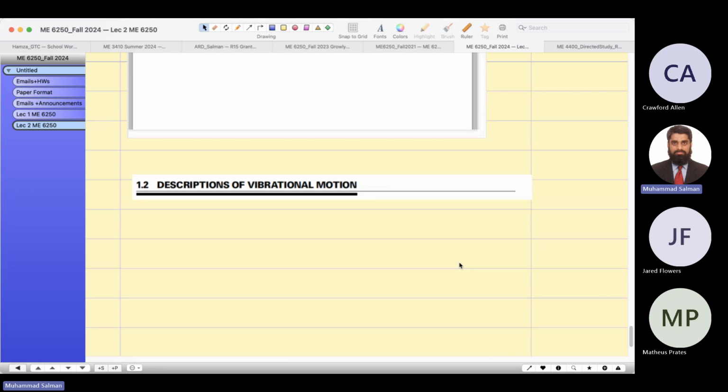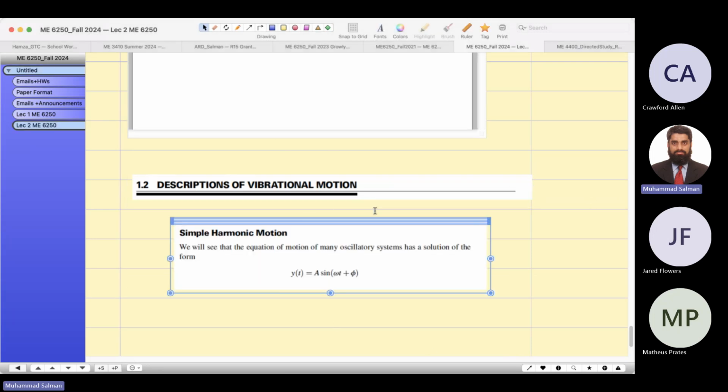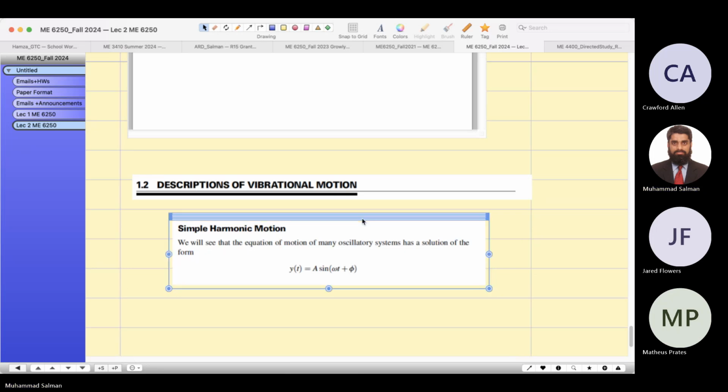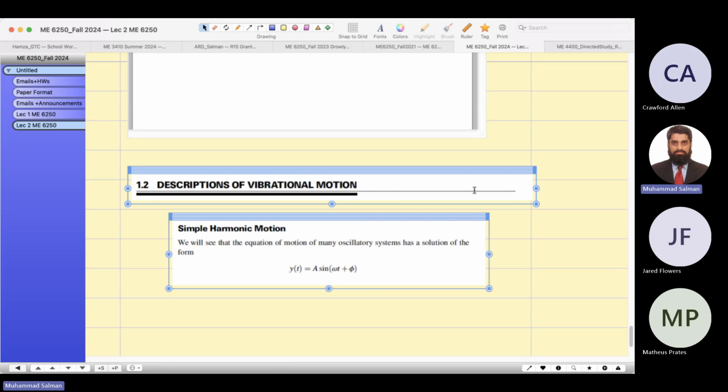And now, description of vibrational motion, section 1.2. I skipped that portion last time, so let me show you what it is. Please write down this equation of simple harmonic motion.